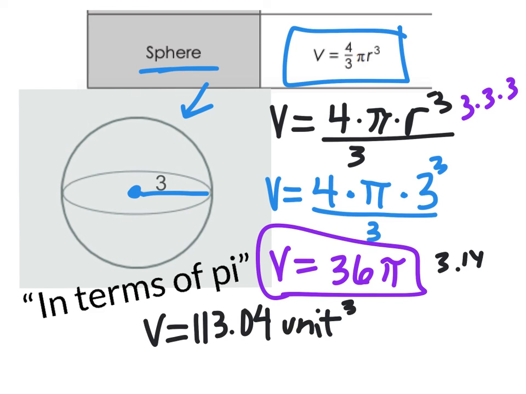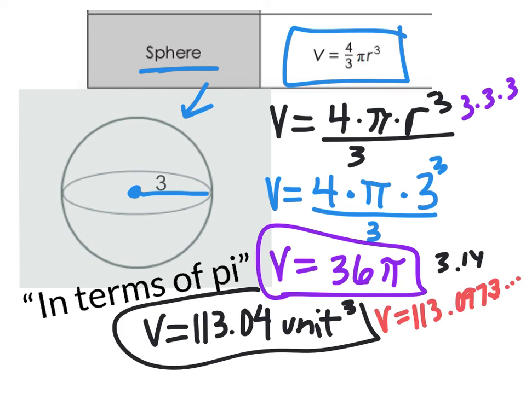If I use just the pi button on the calculator, that gives you an irrational number that just continues on. So in that case you'd have to round, and this one doesn't specify. So all 3 of these answers would be correct. You can leave it in terms of pi and just leave the pi symbol, leave the pi for last in your calculation, or go ahead and multiply by 3.14 or use the pi button.